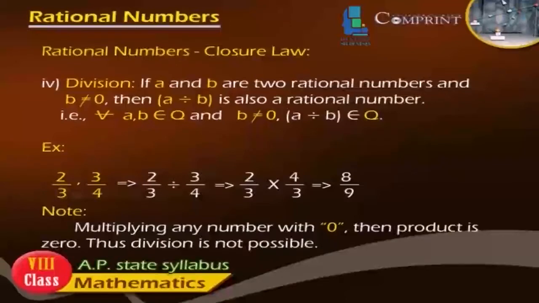Rational numbers closure law. Division. If a and b are two rational numbers, and b not equal to 0, then a divided by b is also a rational number.